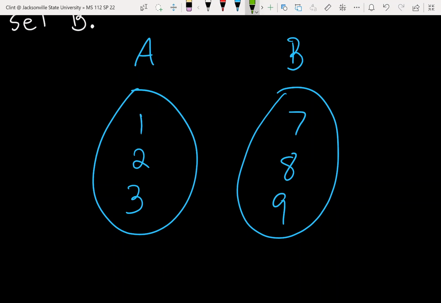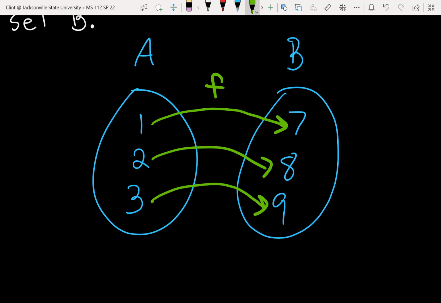Okay, so if we have some kind of rule that gets us from set A to set B, from our inputs to our outputs, and it says that our rule has to assign exactly one element in set B to each element in set A, so maybe 1 could go to 7, and then 2 could go to 8, and then 3 could go to 9.